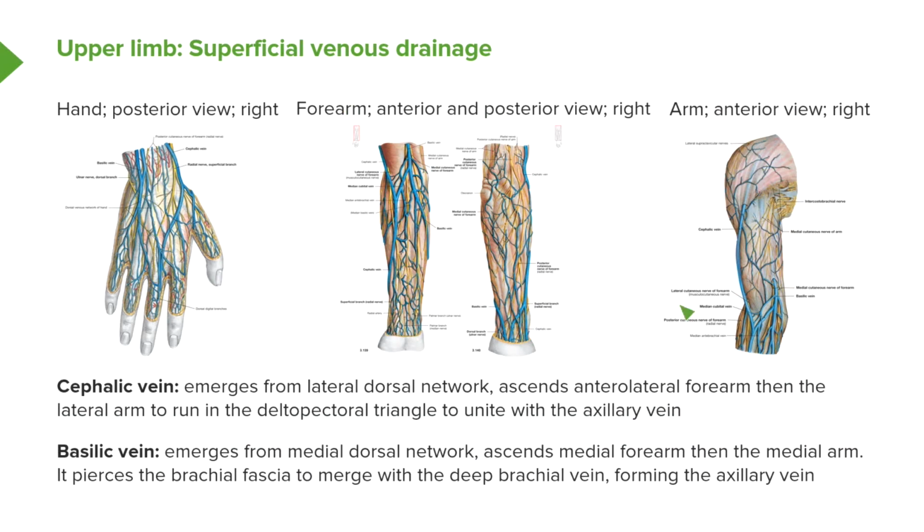So we can see we've got this superficial cutaneous venous drainage, primarily from the cephalic vein and from the basilic vein. At the elbow joint, there is a very important communication between the cephalic vein and the basilic vein. It lies directly anterior to the elbow joint, and it's known as the median cubital vein.